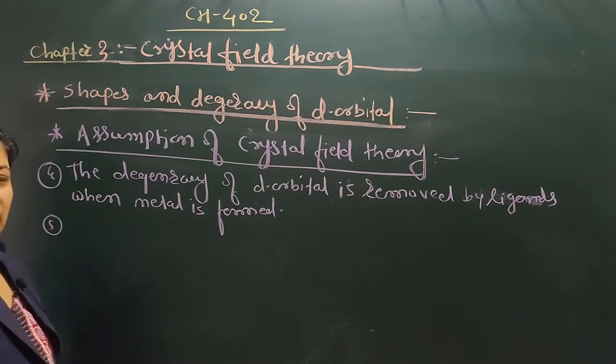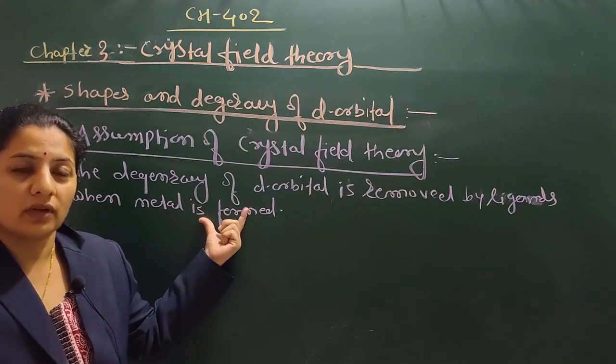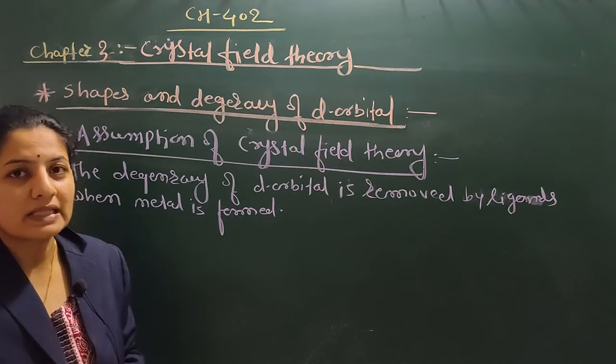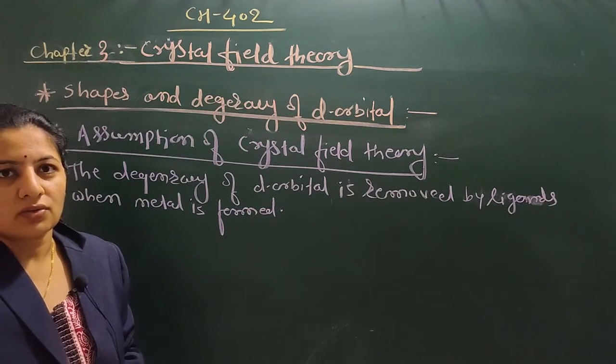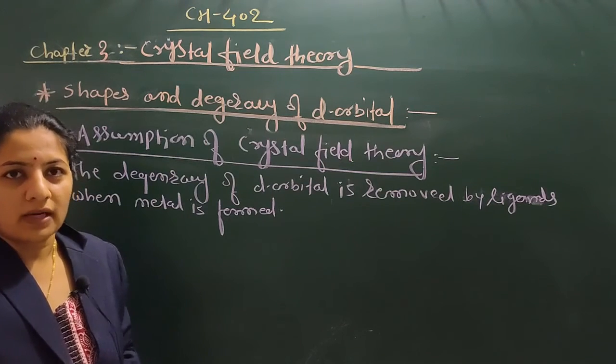Whenever the ligand approaches the metal, the electrons present in the metal orbitals are repelled by the ligand electrons.